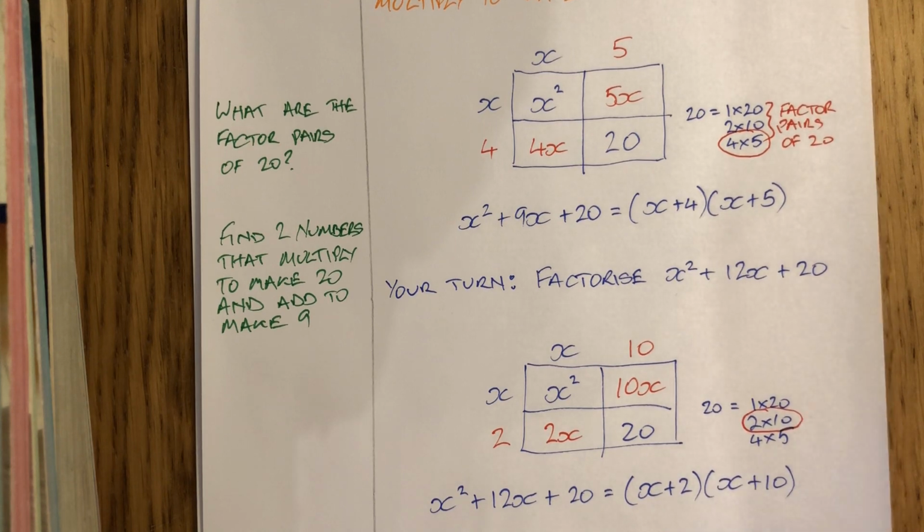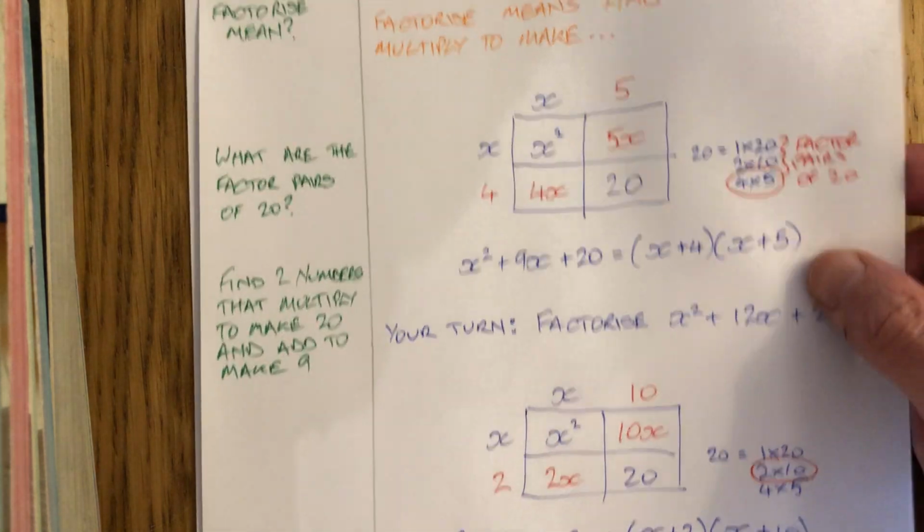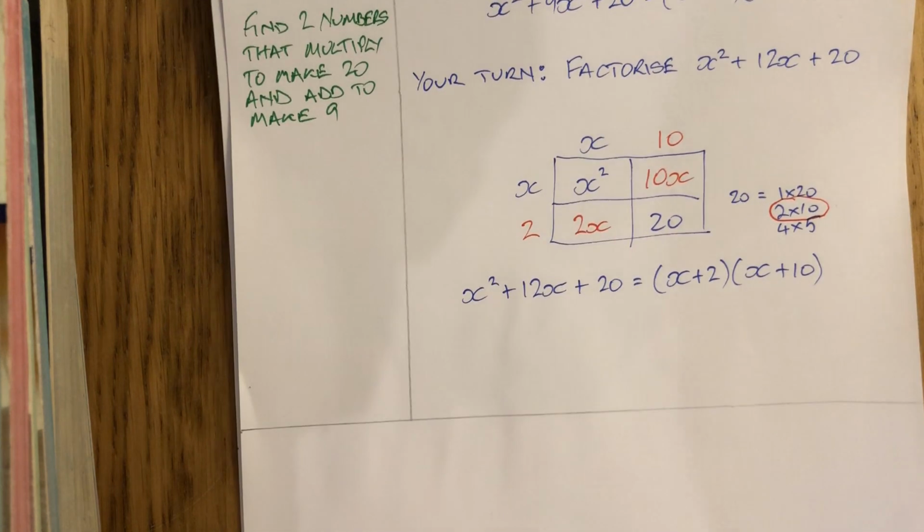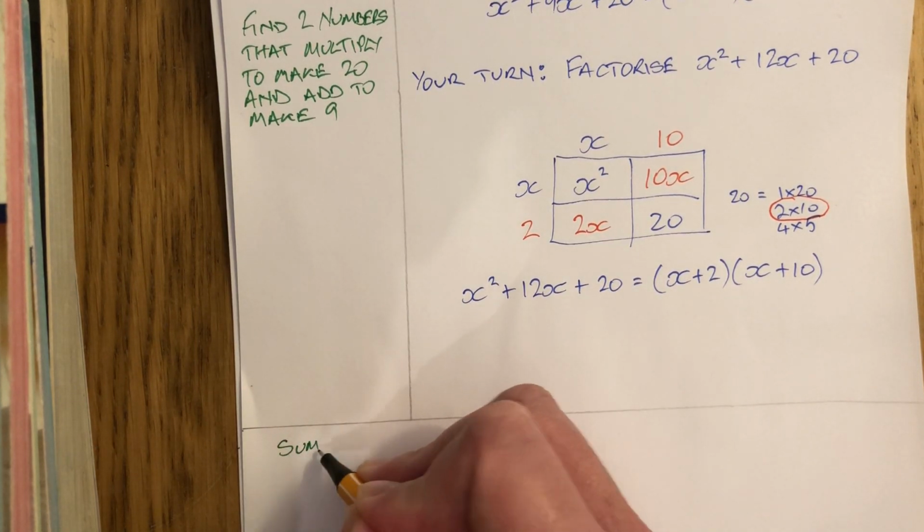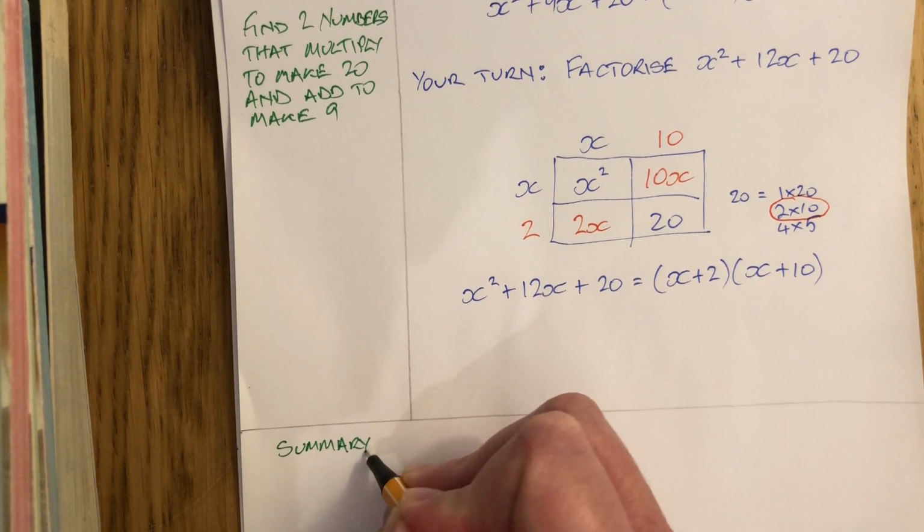I'm just going to write myself a little summary at the bottom of the page so that when I come to look back at this, I'll know what's going on.